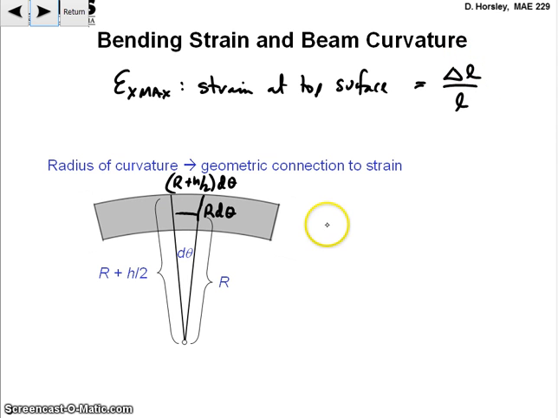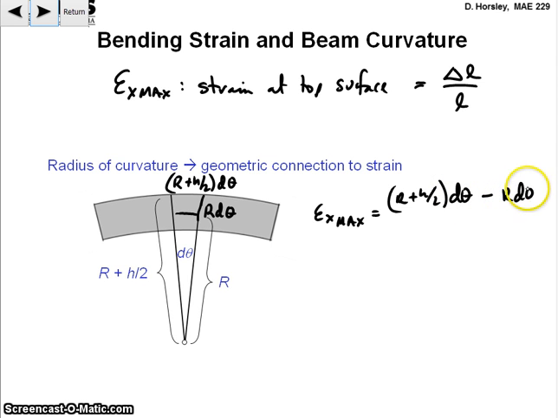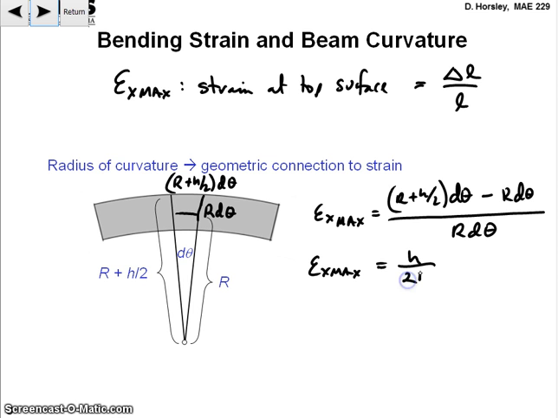We can write that epsilon x max is equal to r plus h over 2, times d theta, minus the unstrained length r d theta, whole thing divided by the unstrained length r d theta. The d theta drops out because it's in the numerator and the denominator, and what we're left with is that epsilon x max is equal to h over 2r.